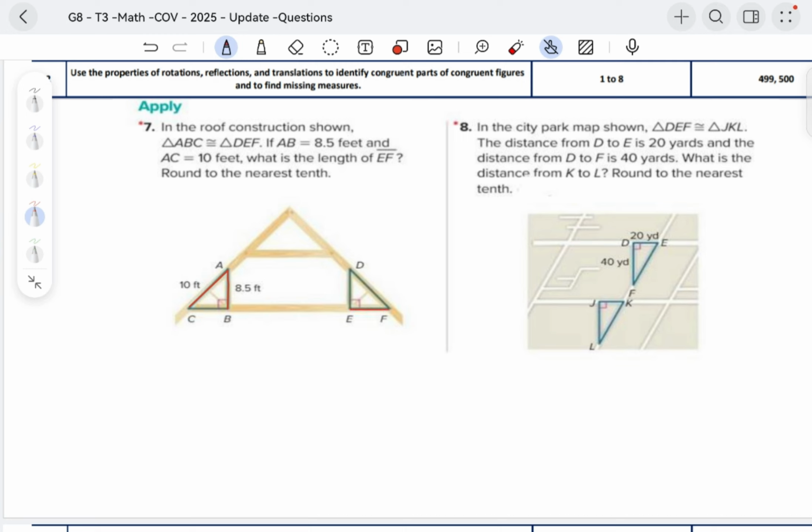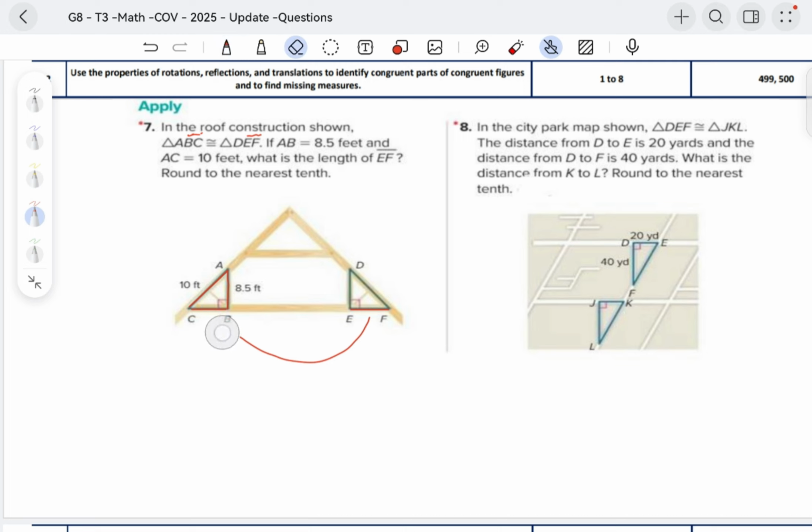First, these two triangles are congruent. They have the same measurement, same side lengths, same angles. They are identical. And EF, as you can see here, corresponds to BC. It has the same measurement. If we are able to find CB, it's the same as EF.